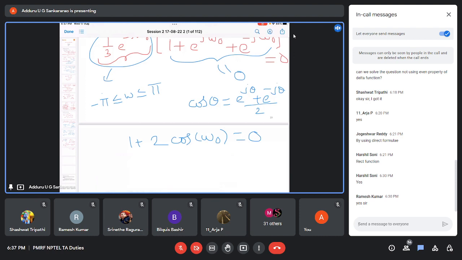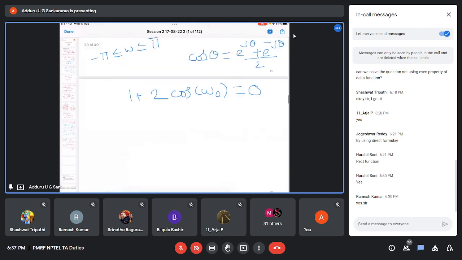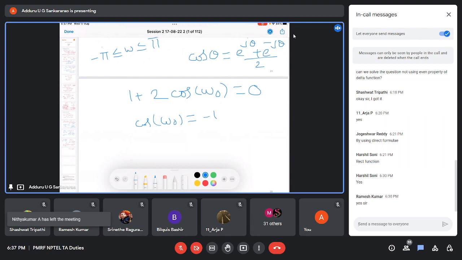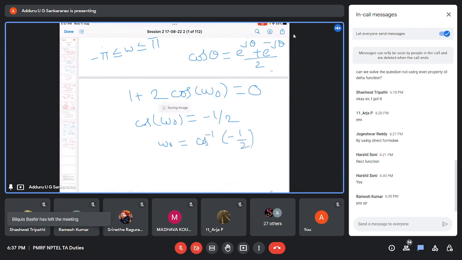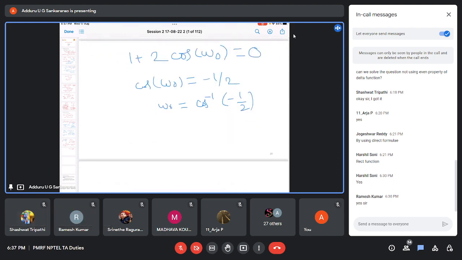So omega naught is what? Cos omega naught is minus 1 by 2, so omega naught is cos inverse of minus 1 by 2. Now cos is negative in the second quadrant.